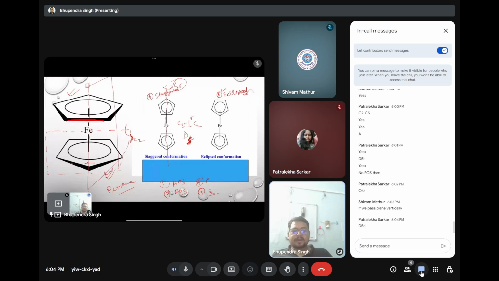Plus try to find out how many other axes of symmetry are present. You have found that C5 is present, C2 is present. Now tell me how many C2s are present.